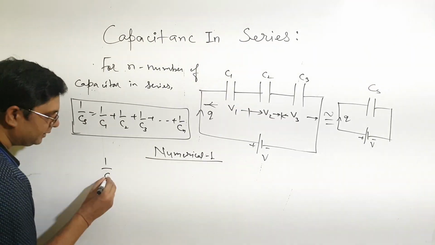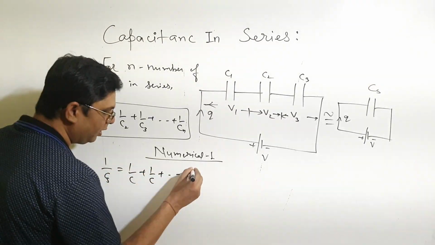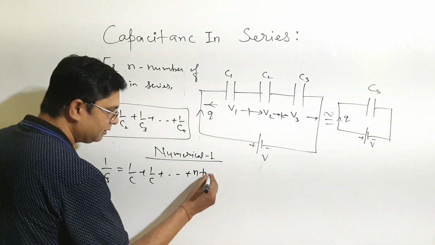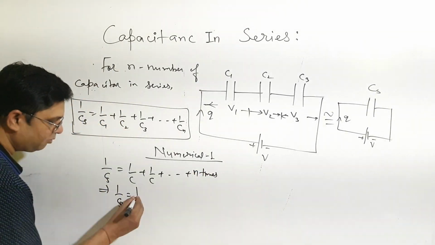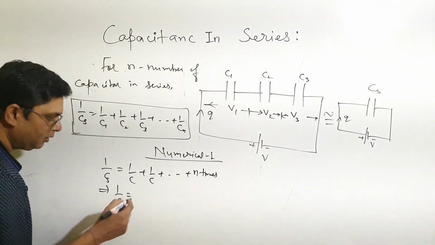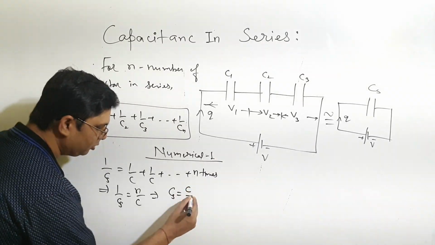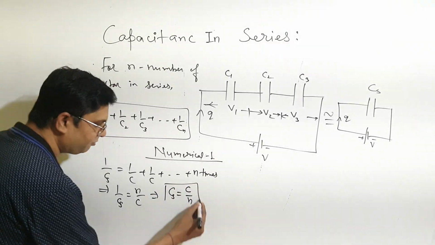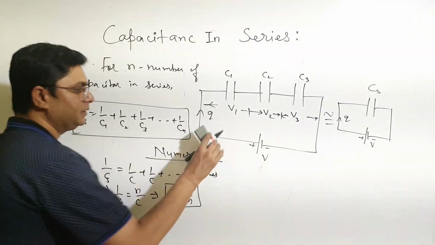So 1 by CS equals 1 by C plus 1 by C dot dot, n times. This means that 1 by CS equals n upon C. So CS equals C upon n. This is for n number of capacitors in series.